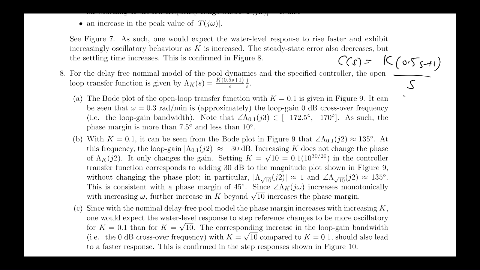That's now putting the pole at s equals 0 into the controller in a way that's consistent with the internal model principle for input disturbance rejection, with 0 error in a steady state. Okay, so what's the impact of that?